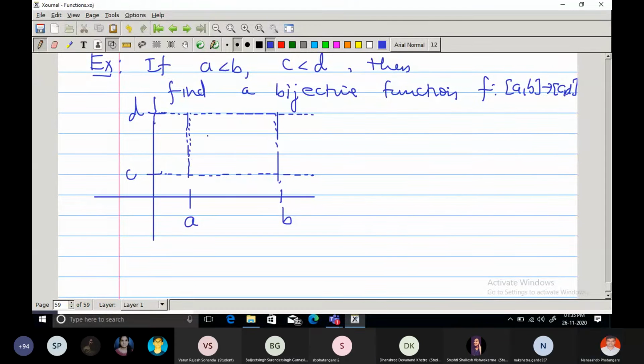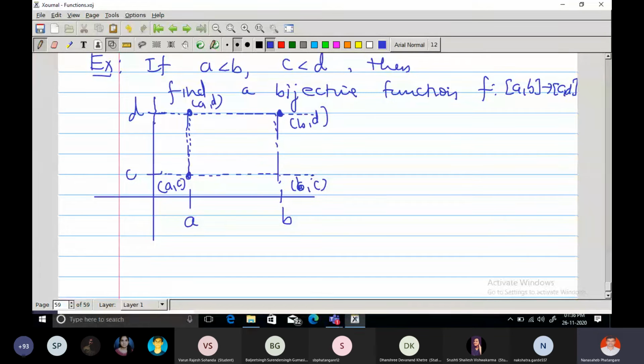Now, is it very easy? If you understand the previous example, just write down the coordinates: BD, A, BC, and here AD, the coordinates of these corners.